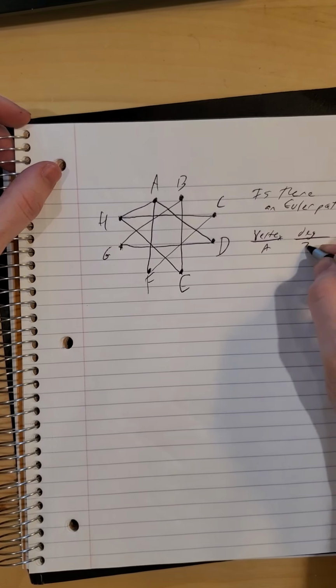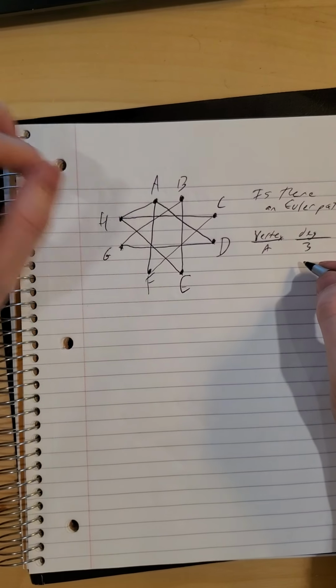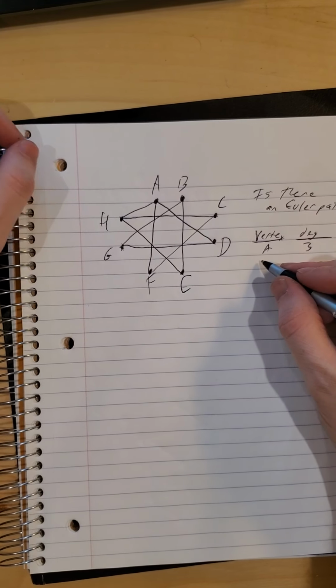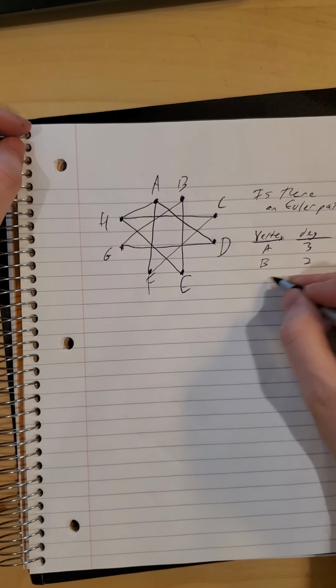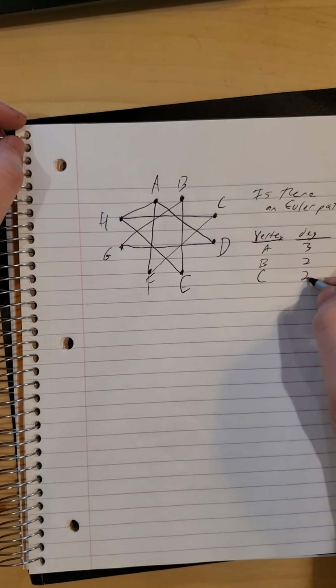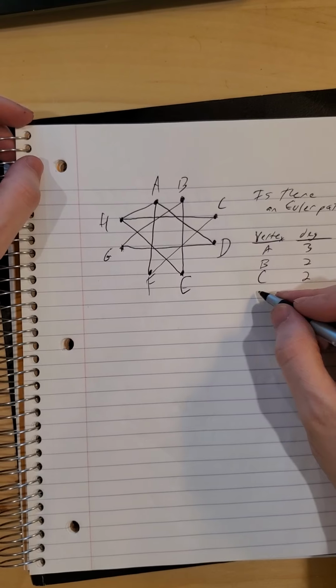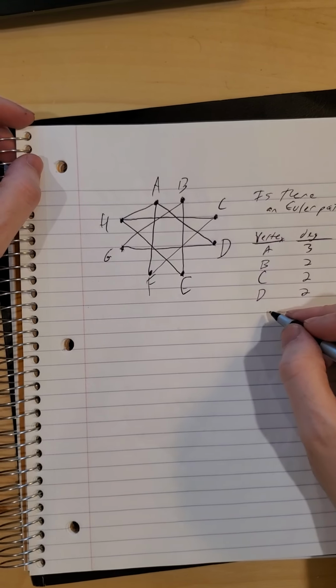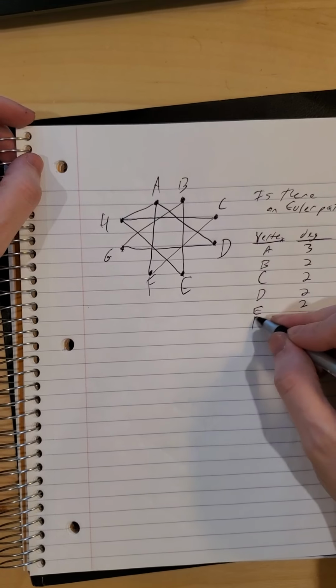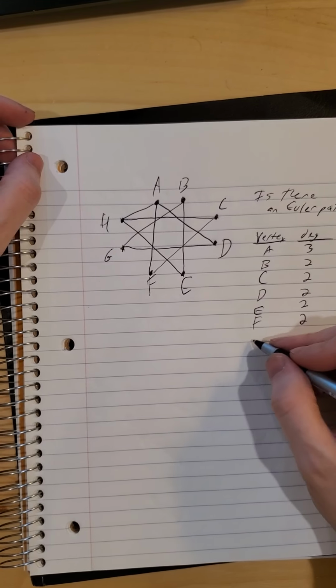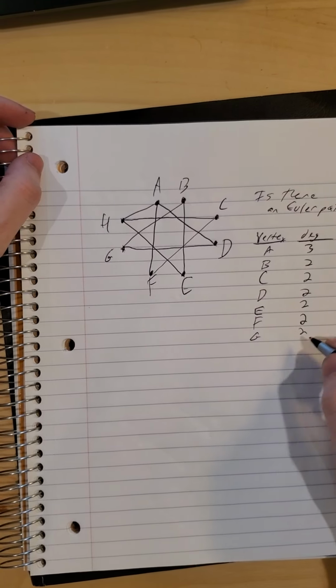So vertex A, degree 3. 1, 2, 3 pass off of A. Or edges, I should say, off of A. Vertex B, degree 2. Vertex C, also degree 2. Vertex D, degree 2. Vertex E, degree 2. Foxtrot, degree 2. Golf, degree 2.